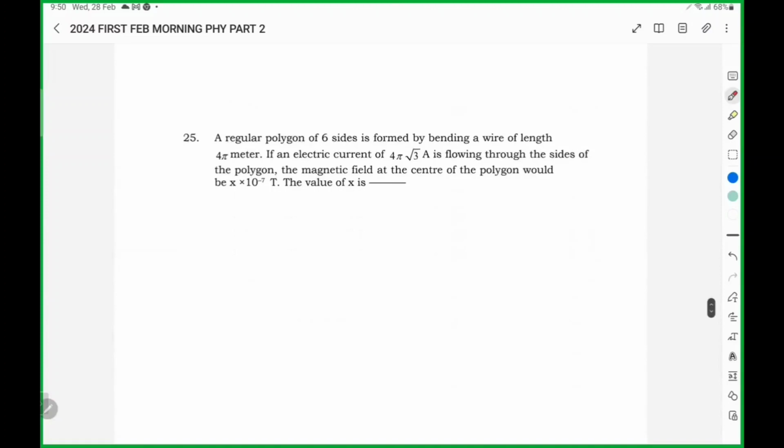A regular polygon of 6 sides is formed by bending a wire of length L. L is the length of wire, which is 4 pi meters. A polygon of 6 sides means it is a hexagon.